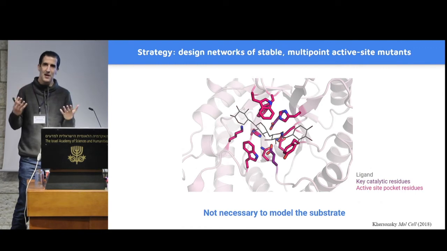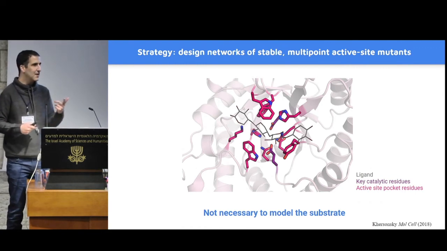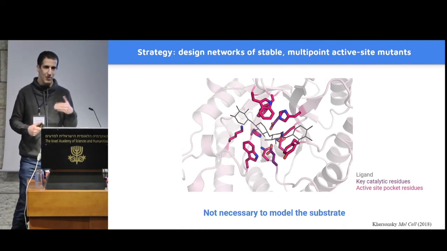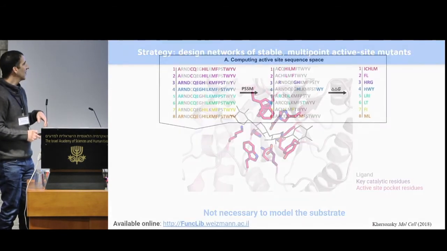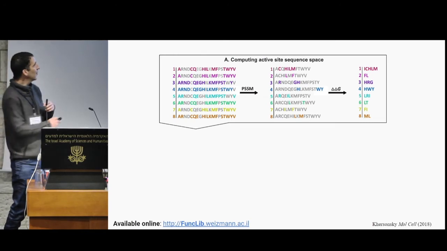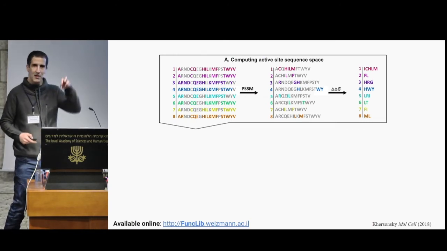And the underlying hypothesis here is that stability and pre-organization are some of the most essential features of high-efficiency enzymes. So we start the process similar to PROSS, with a conservation analysis here only restricted to the active site pocket.